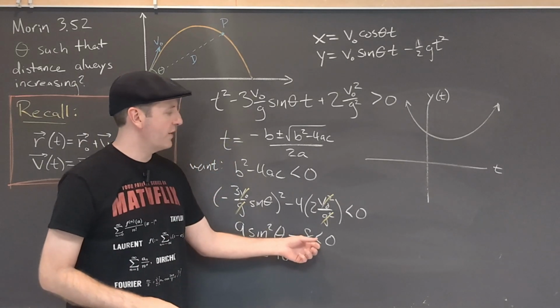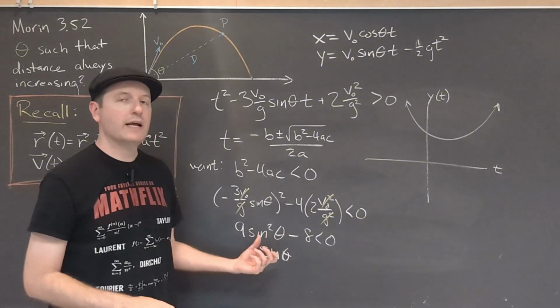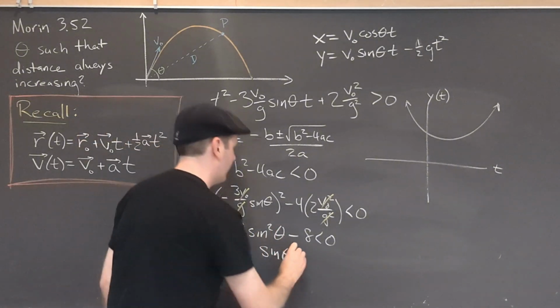Notice also that since we want this to be negative, we are going to end up getting a maximal value for theta.